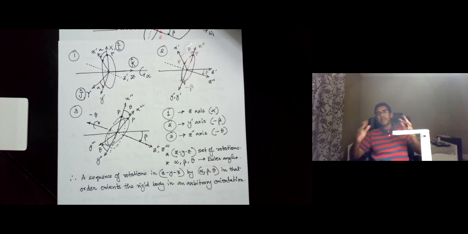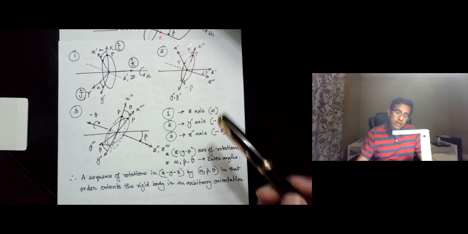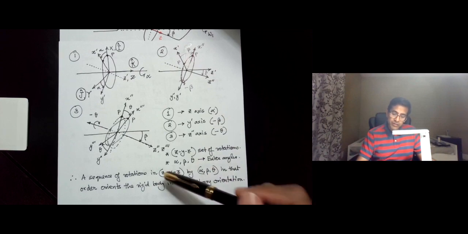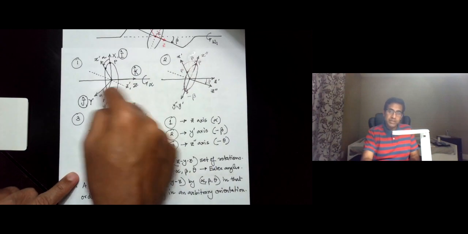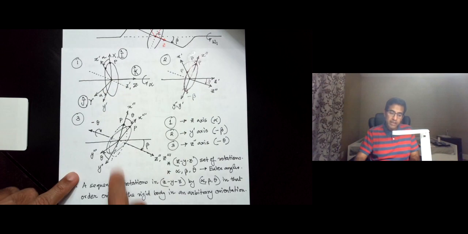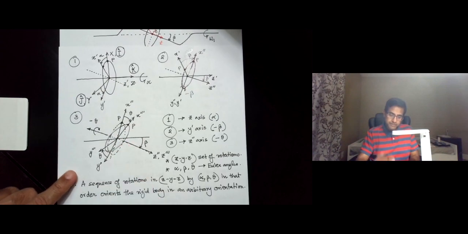So an arbitrary orientation of this rigid body can always be obtained by a sequence of these rotations. First with respect to the body fixed Z, then with respect to the body fixed Y, and then with respect to the new body fixed Z axis again. Once we do this sequence of rotations by proper angles, we can always take the original disk, which is initially oriented like this, to an arbitrary orientation.